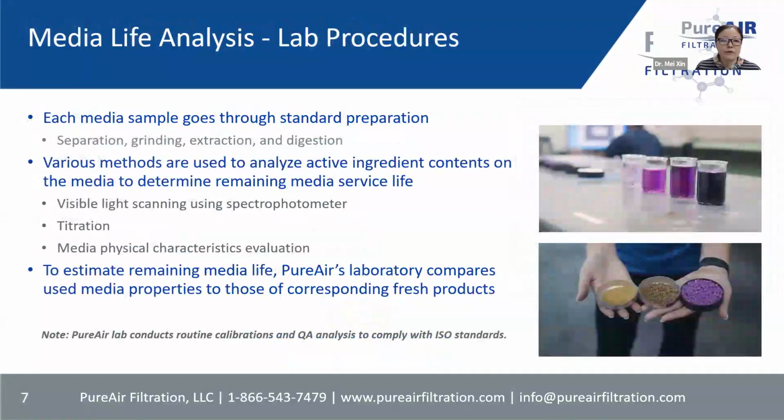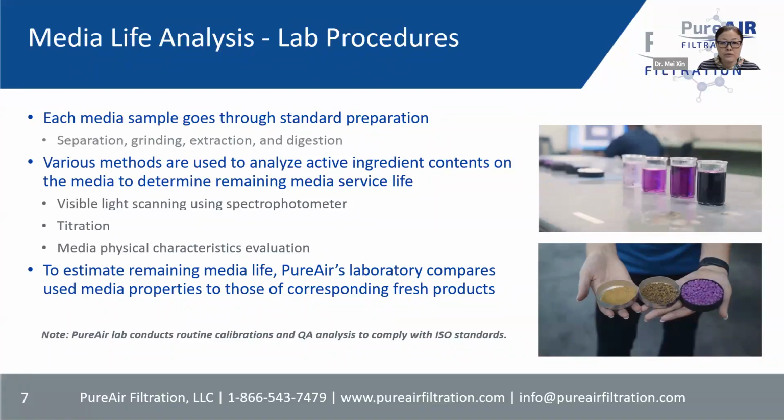After we receive all the customer samples, there are certain lab procedures we follow to determine the activity remaining in the sample compared to a fresh sample. We will follow separation, grinding, extraction, and digestion, depending on what type of sample you have for us to analyze.